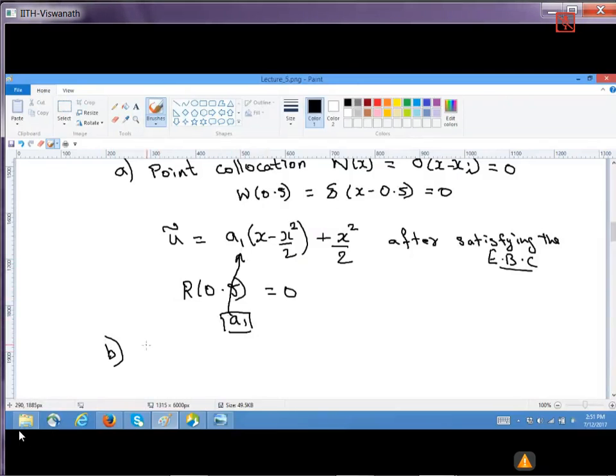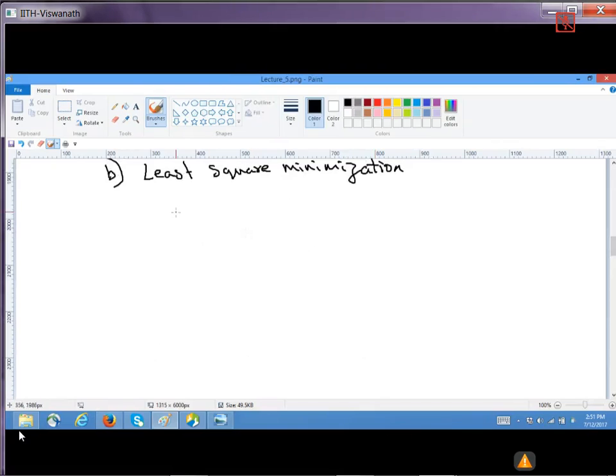Once you got this a1 you substituted back in this to define your things. Similarly in the b, which is nothing but least square minimization, what we have done is, in the least square minimization it is the integral of 0 to 1, and nothing but our w is defined as 2r by 2a1.